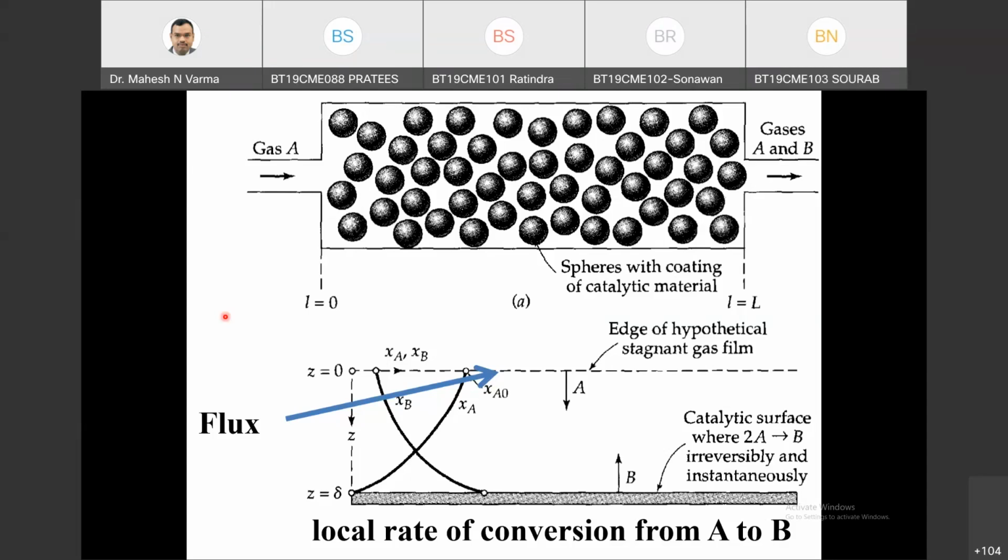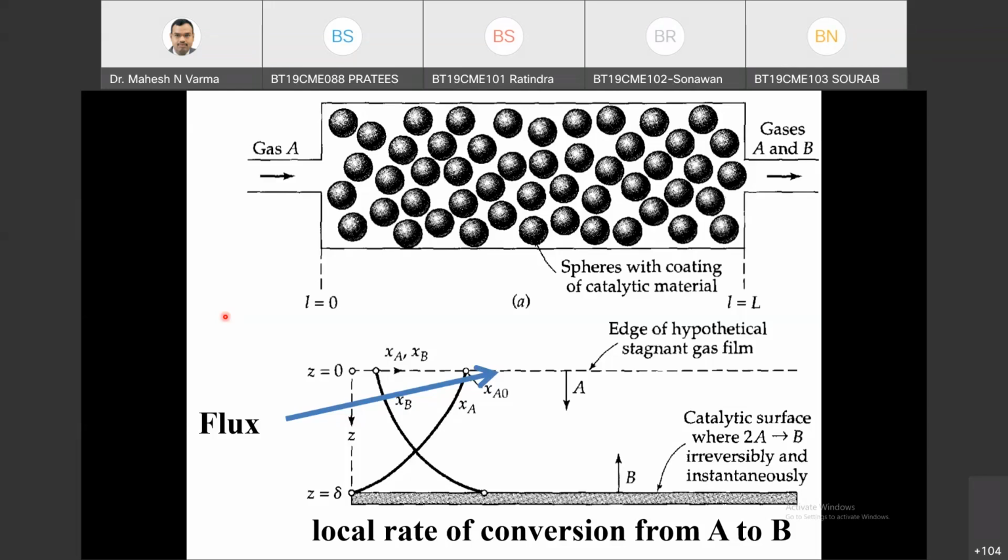What are the X, Y, Z equivalent directions in the actual coordinate system, which is a spherical coordinate system? Z is equivalent to R direction, X is equivalent to theta direction, and Y is equivalent to the phi direction.